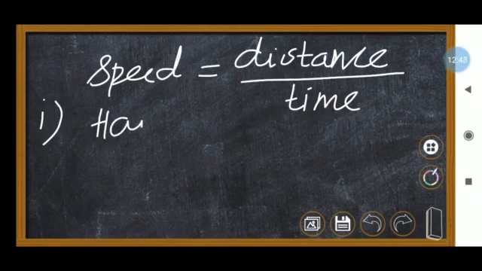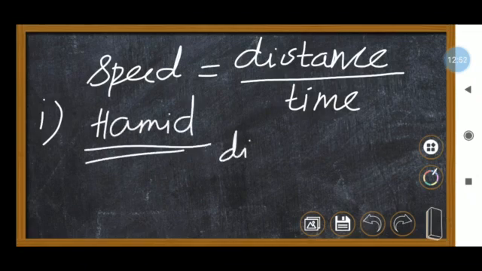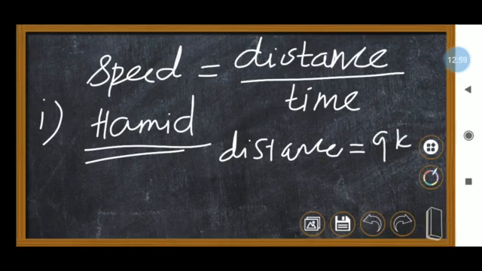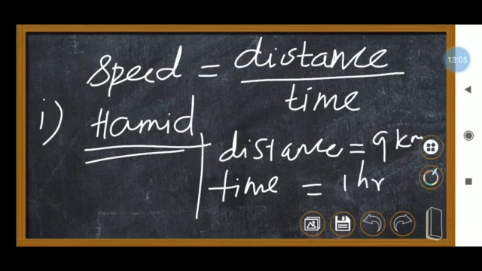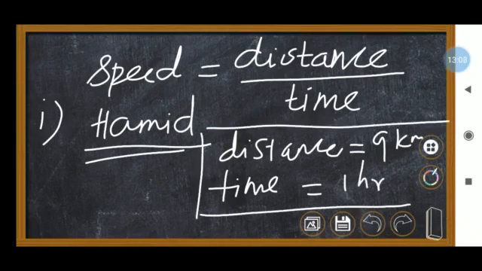How much distance was covered by Hamid? Hamid covered a distance of 9 km, and the time used by Hamid is 1 hour. These are the given values, so just substitute here.